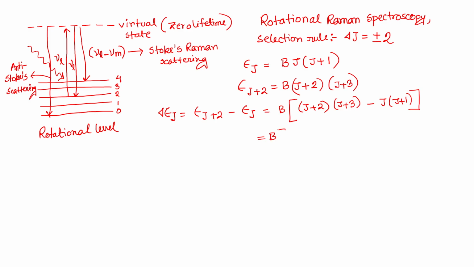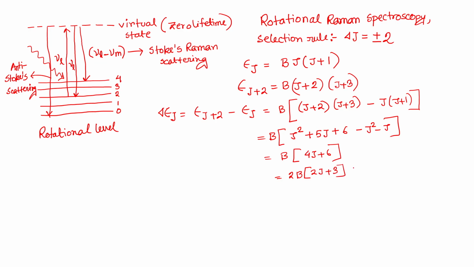So fairly easy algebraic calculations. This is going to lead you to B into 4J plus 6. Eventually, if you take 2 outside, 2B into 2J plus 3, right?